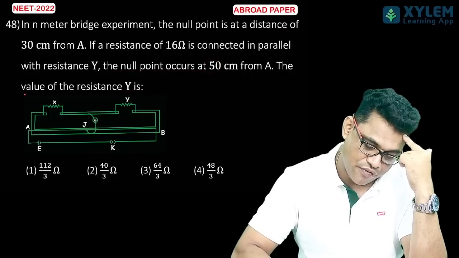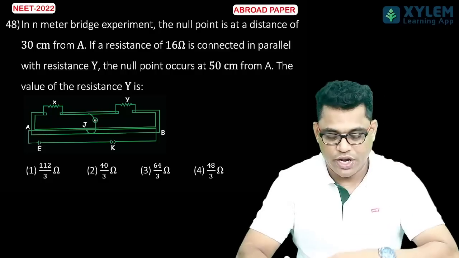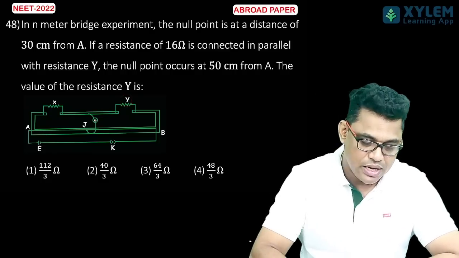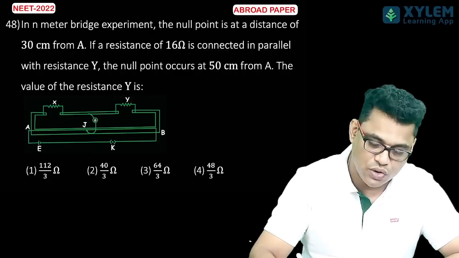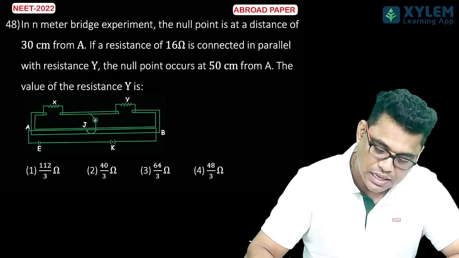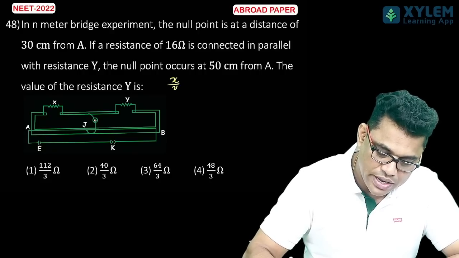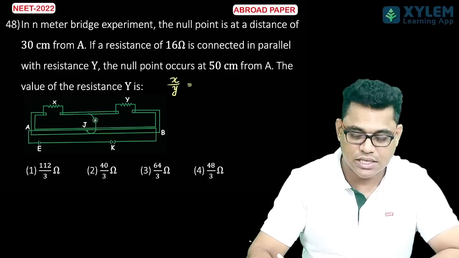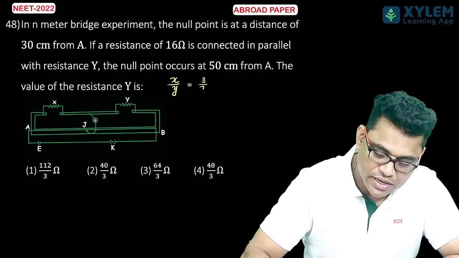The value of resistance Y, we need to find out. In the first situation, you can write this equation. What equation can be written? Look here. You can write x by y is equal to 30 by 70. That is 3 by 7.